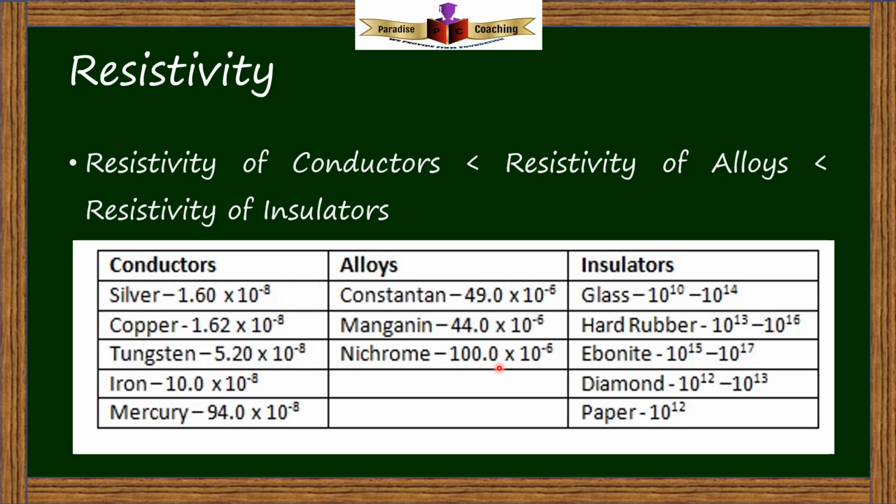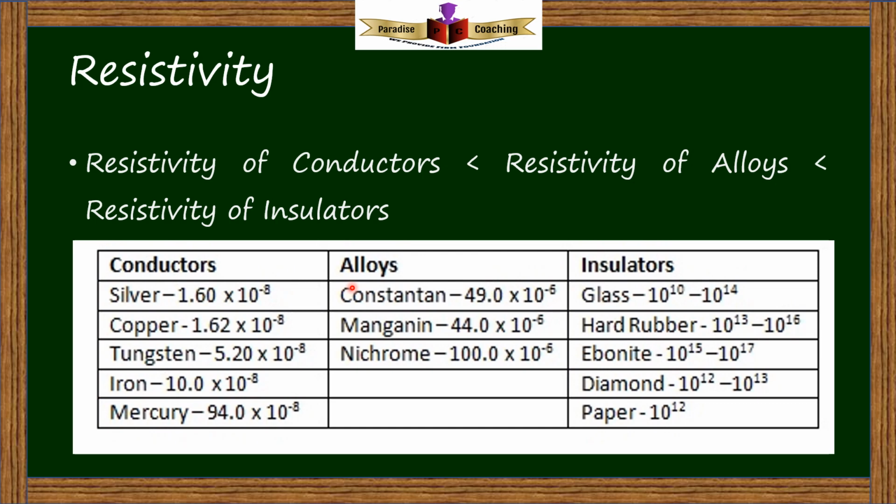And if you check the resistivity of insulators, they are of the order 10 raised to 10 to 10 raised to 16, 15. See the order here: the power of 10 is positive in case of insulators, and the power of 10 for conductors and alloys is negative. So naturally insulators have the highest resistivity.